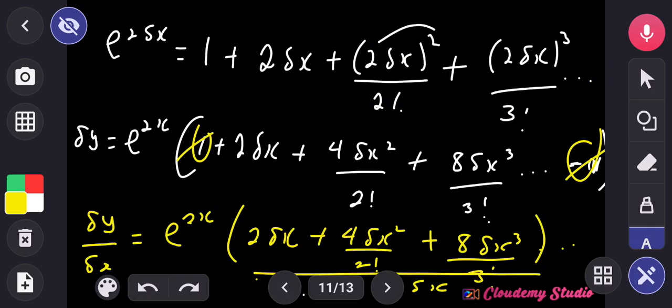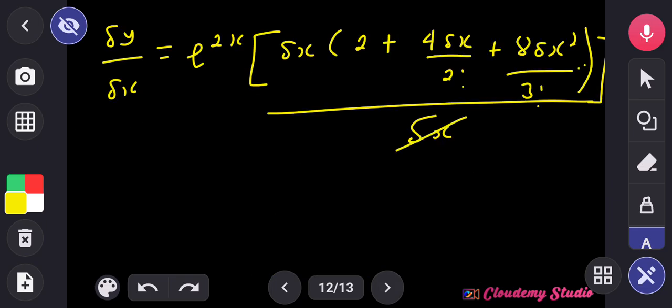So I factorize the delta x outside, and delta x cancels out delta x.